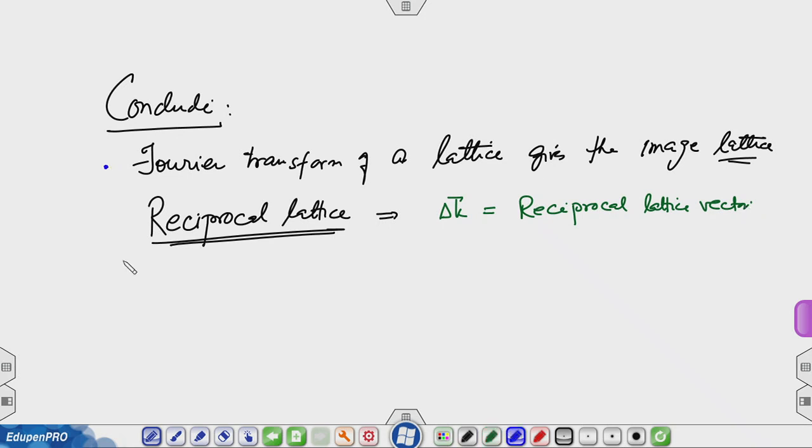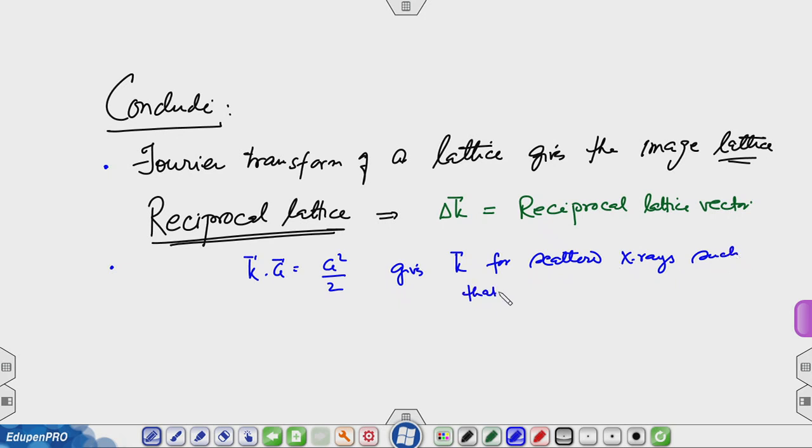Then we also obtained the condition that K dot G equals G square by 2 gives K for scattered X-rays such that a bright spot is observed. And finally, we are going to show that this is equivalent to the Bragg condition for X-ray diffraction. Thank you.